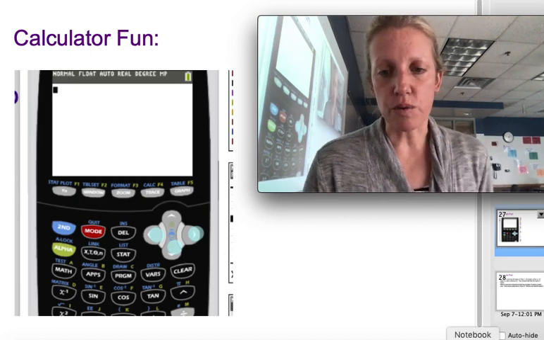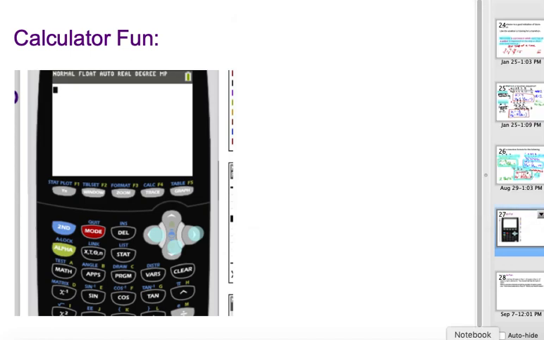All right, so when you're using your calculator, a few of the buttons that I'm going to be focusing on is this blue button on your calculator. It's below the screen on the left-hand side. It says second, and we're going to be looking at the button that says window and the button that says graph.